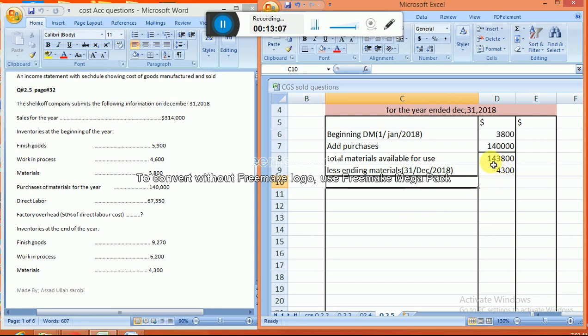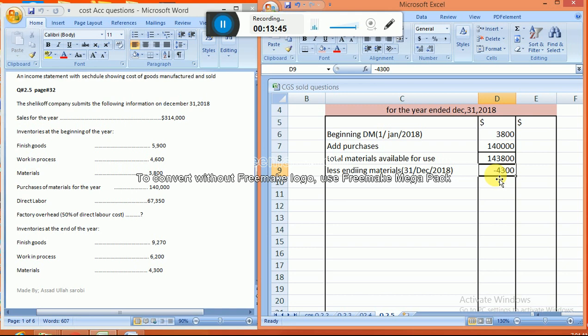Total material was 1,43,800, and in this 1,43,800 material, the 4,300 material remains in the store which is not transferred to the work in process. It means that it remains in the store. When it remains in the store and is not used in 2018, it will be used in 2019. Still 2019 has not come.